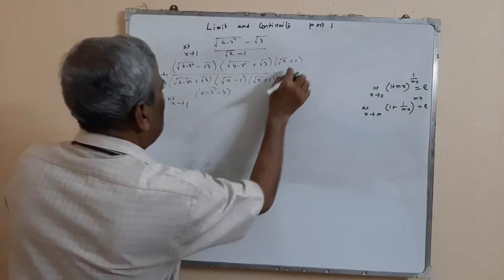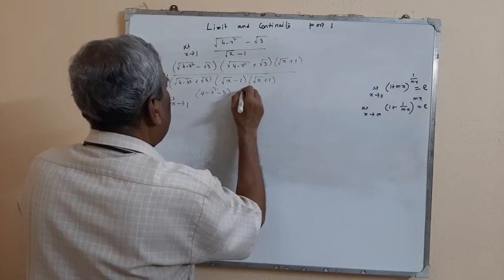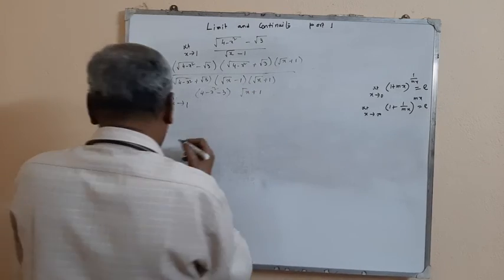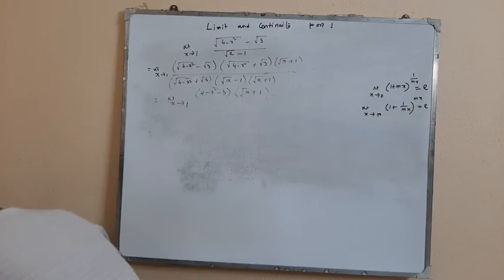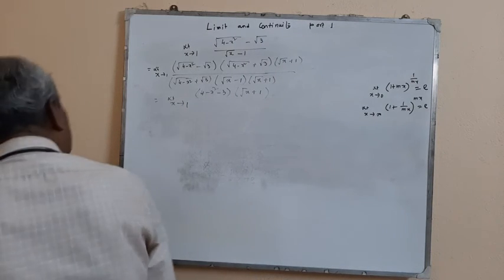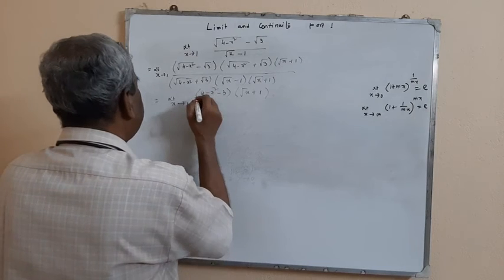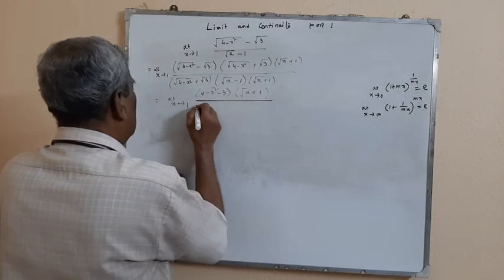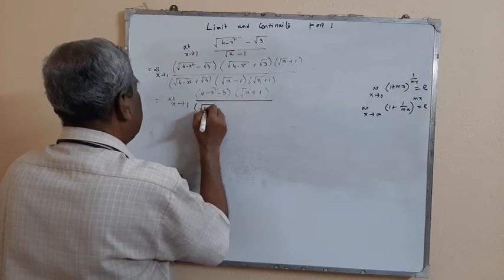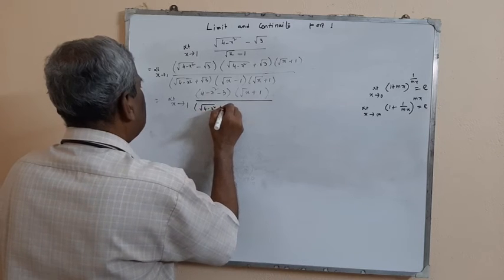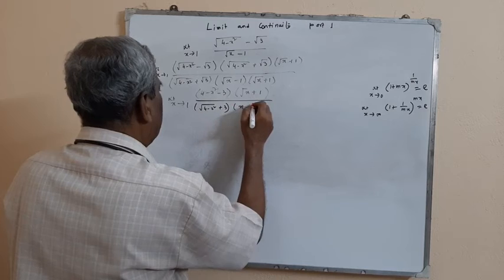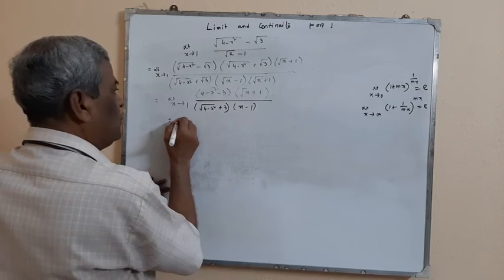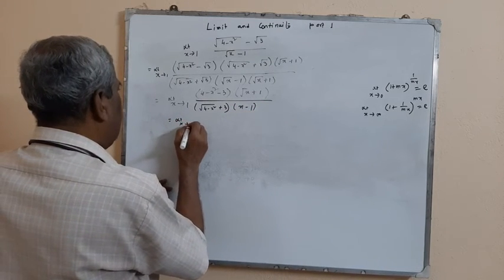This and that multiplied by this, root over of x plus 1, by root over of 4 minus x square plus 3, they together is x minus 1, is equal to limit x tends to 1.